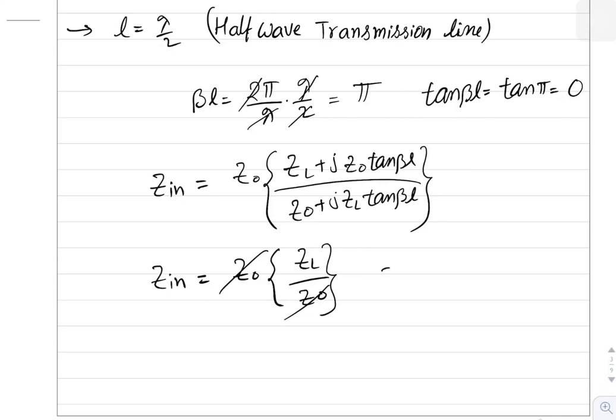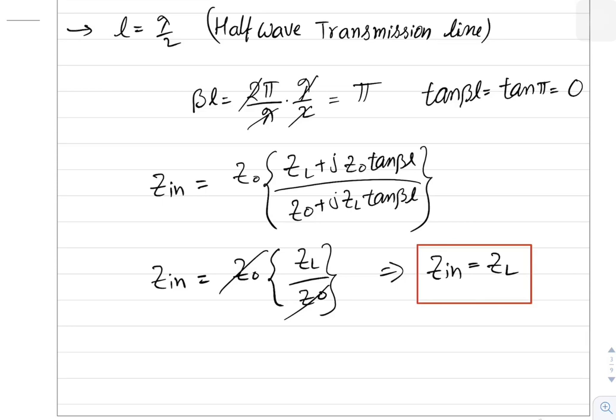So ZO will get cancelled, therefore Zin equal to ZL. If the length of the transmission line is lambda by 2, then the input impedance of the transmission line is equal to the load impedance ZL.